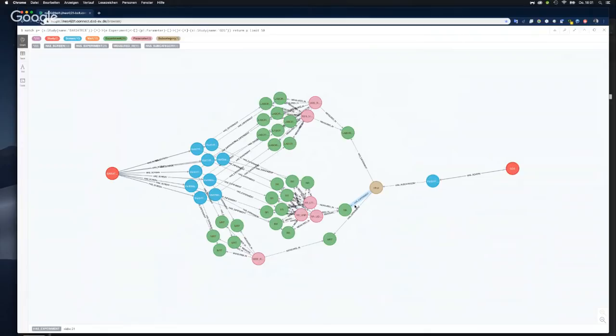Yeah, so that's basically what I can show you right now. I have several little prototypes, but running on another machine.